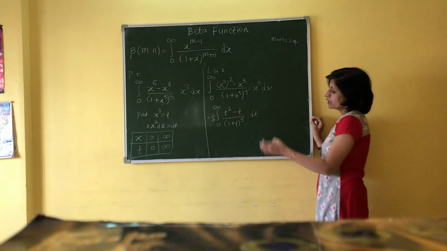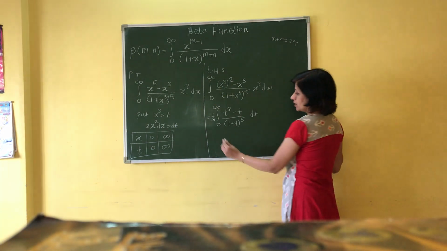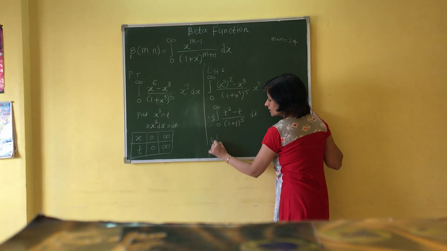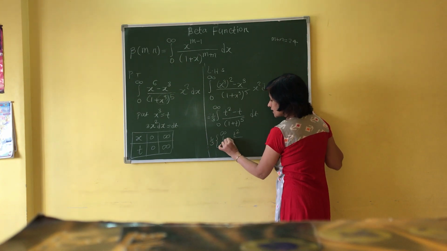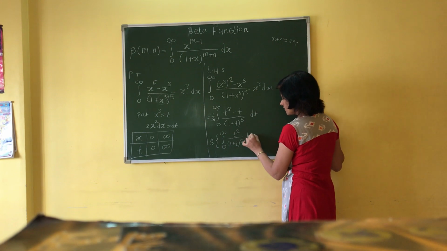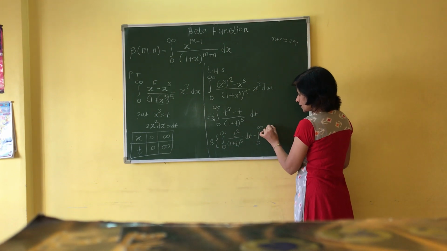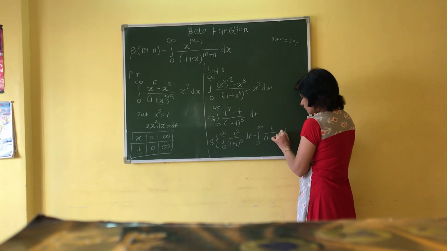Okay, and write this integral in property of beta function form. Separate the terms. 1 by 3 into integration from 0 to infinity t square upon 1 plus t bracket raised to 5 dt minus 0 to infinity t upon 1 plus t bracket raised to 5 dt.